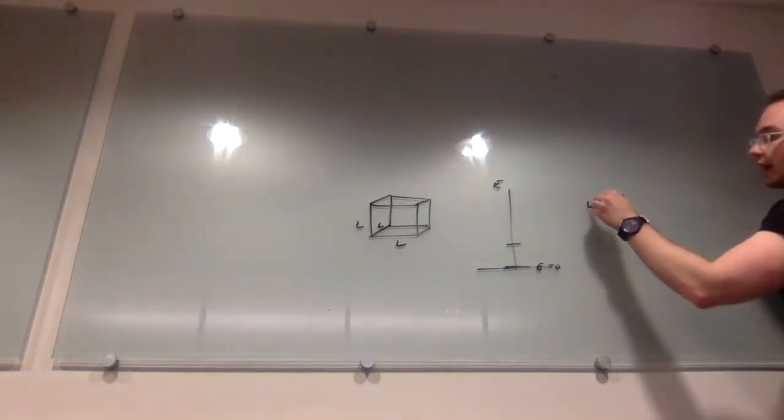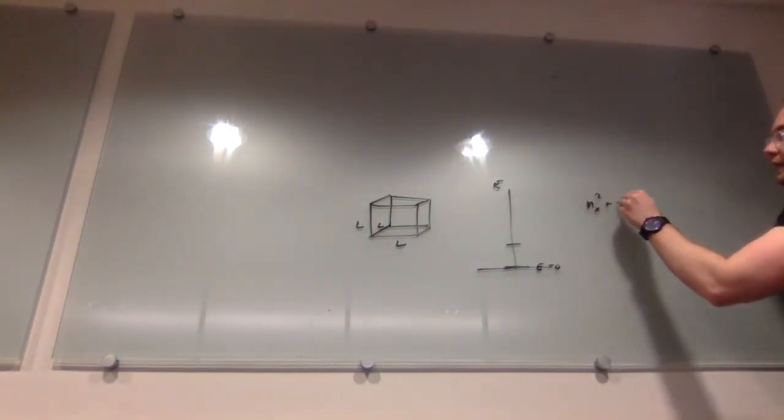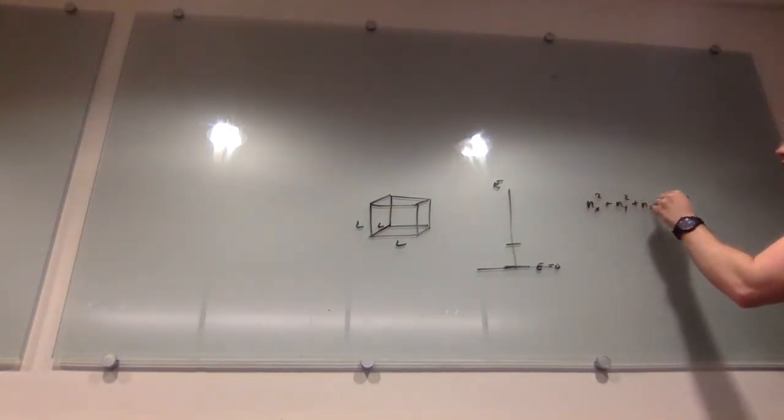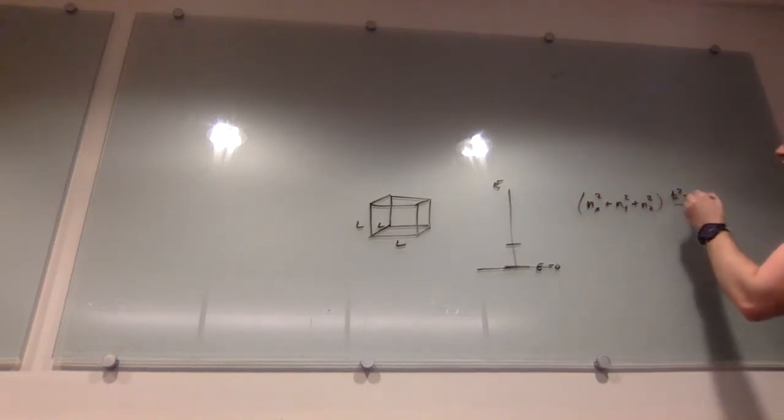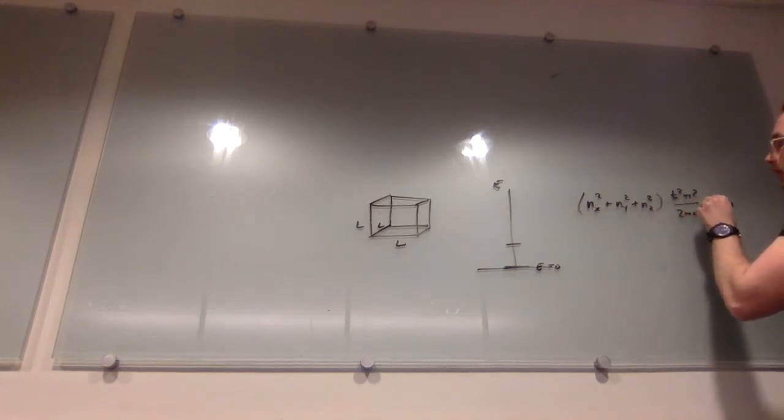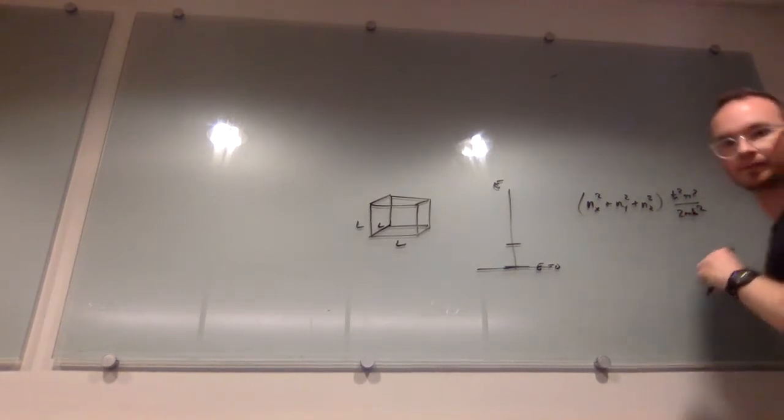Remember, it was n_x squared plus n_y squared plus n_z squared times, what is it, h bar squared pi squared over 2mL squared, maybe. Yeah.